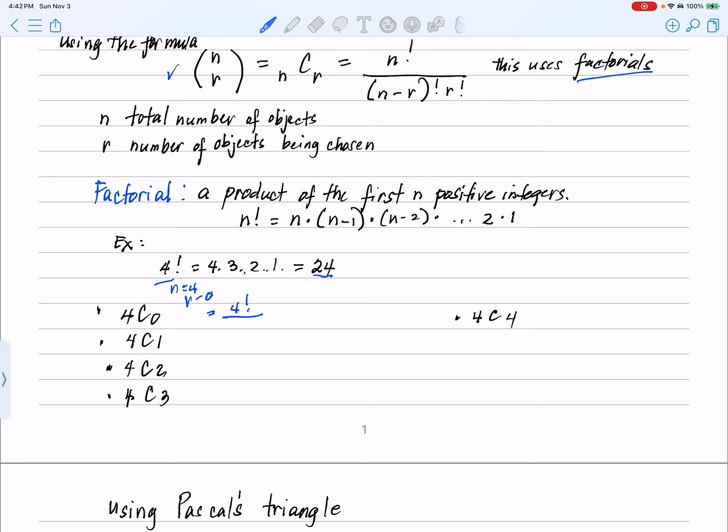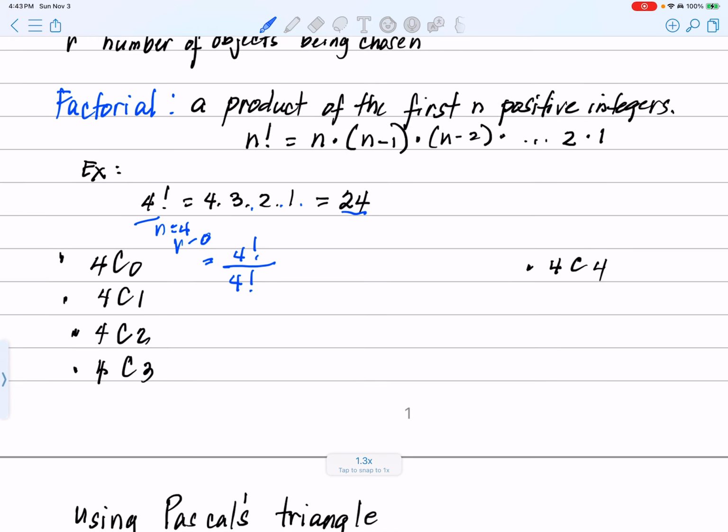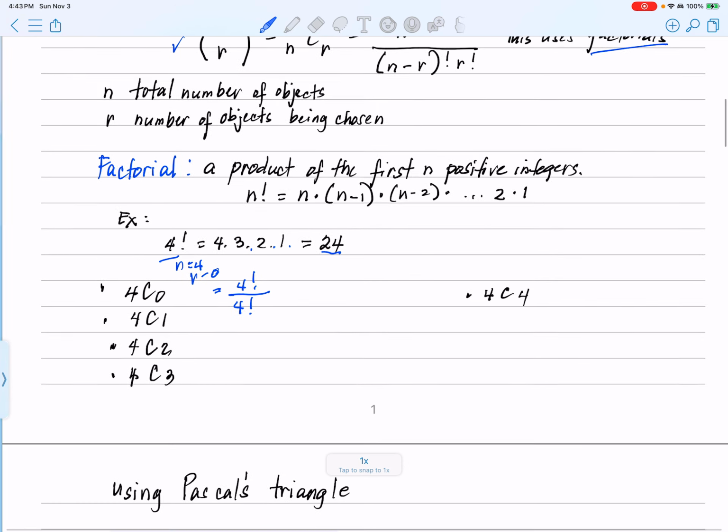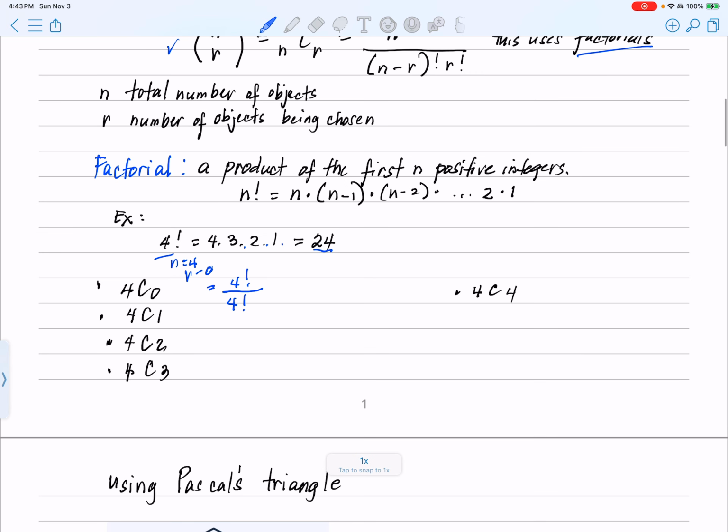So it's still 4 factorial times r factorial. So our r is 0, so 0 factorial. So this would be 4 times 3 times 2 times 1.